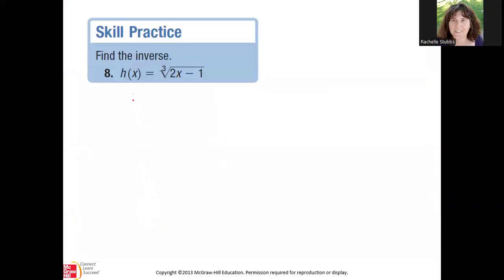All right, here we go. y equals cube root of 2x minus 1. Since this minus 1 is included in the cube root, I'm just going to cube. Oops, I'm going to trade places. And then I'm going to cube each side to get rid of the cube root.